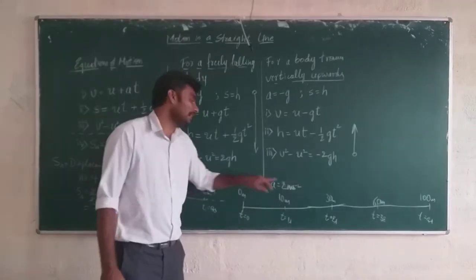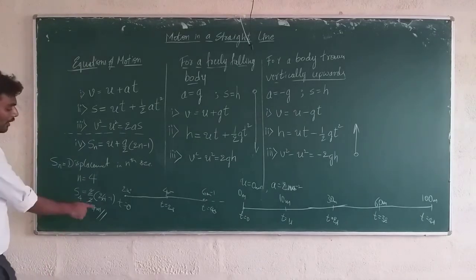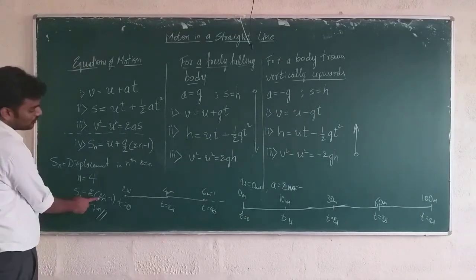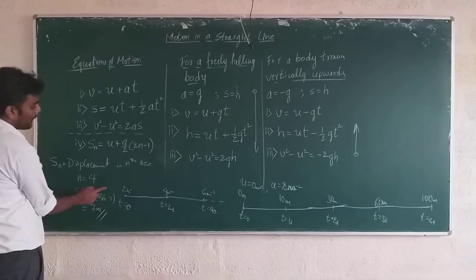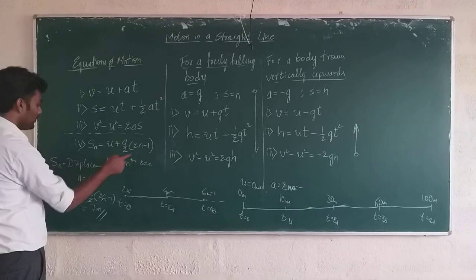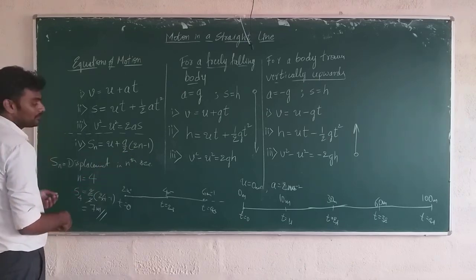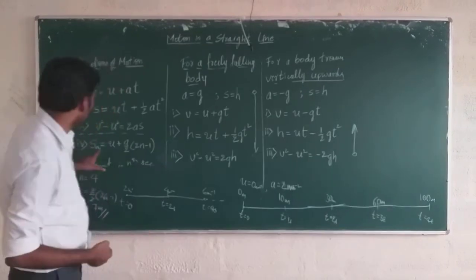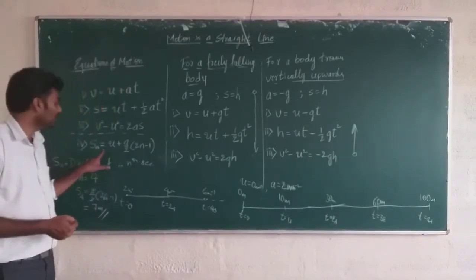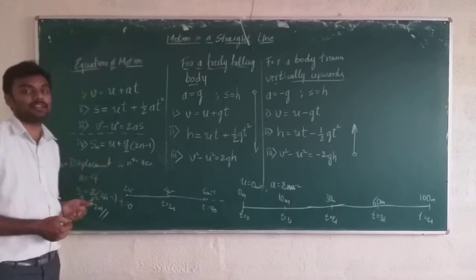Similarly, if I take the acceleration as 10 meter per second square, then what happens here is 2 into 10, 20 minus 1 is 19 meter. So that is how we make use of this formula. Clear with this? This is the formula for displacement of the body in nth second.